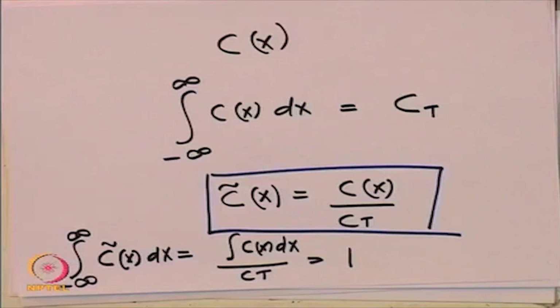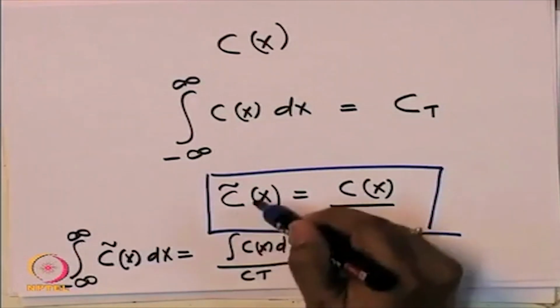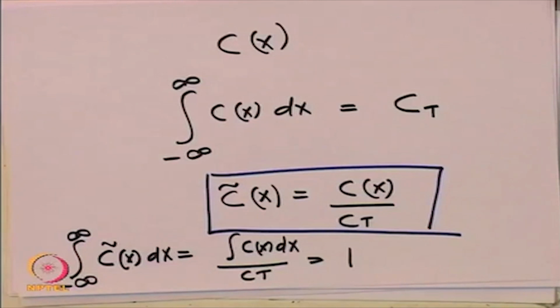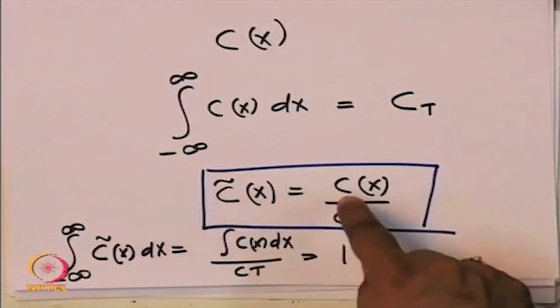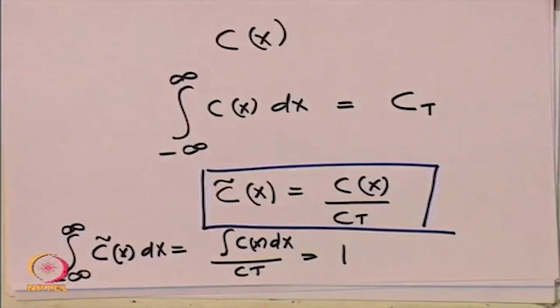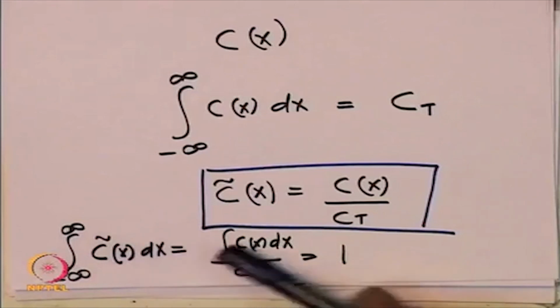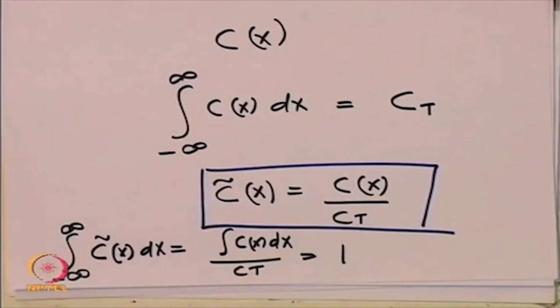It is just a trick. We have this concentration, we divide it by a constant, and mathematically nothing changes. We just realized that integral C of x dx is the total concentration, and we defined a new function C tilde as C of x by C t, such that the integral of C tilde of x dx is 1. Okay. We have C tilde of x. Now, let us go back to the diffusion equation.